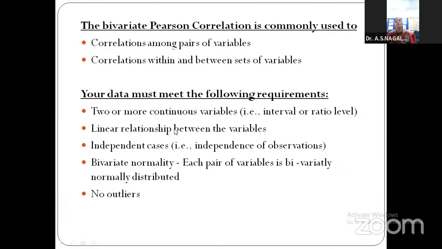Two or more continuous variables must be there. It may be interval or ratio level, and we are going to check the linear relationship with these variables. Here we have an independent and a dependent variable. Each pair has bivariate values, and there should be no outliers.